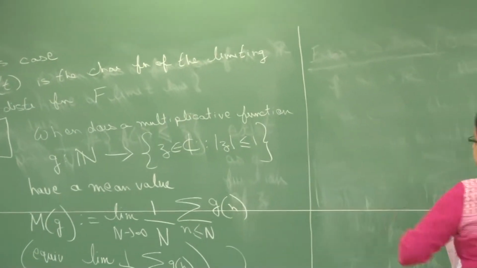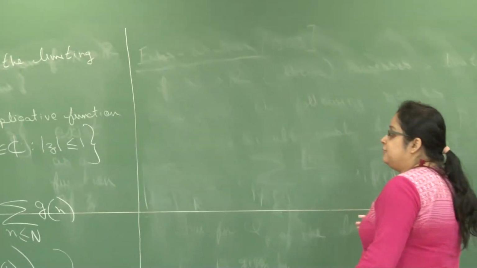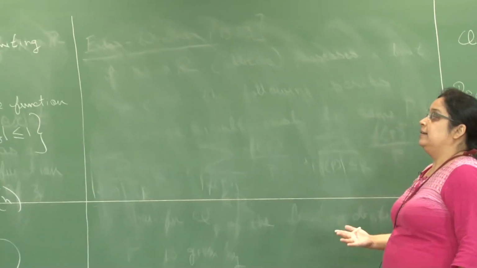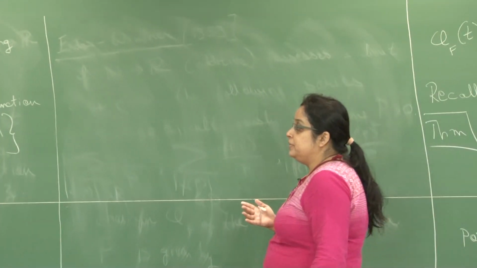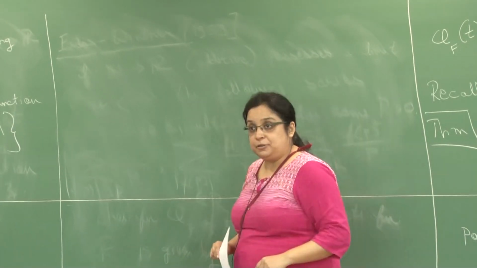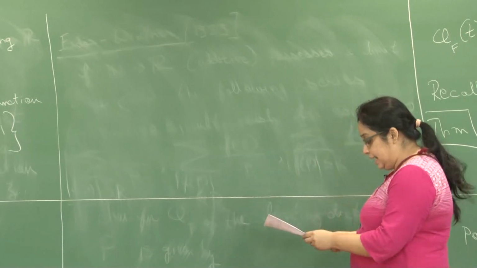They are not just some trivial results, they are very, very deep, and they lead to very fundamental theorems in number theory as an application. Okay. For example, the prime number theorem.